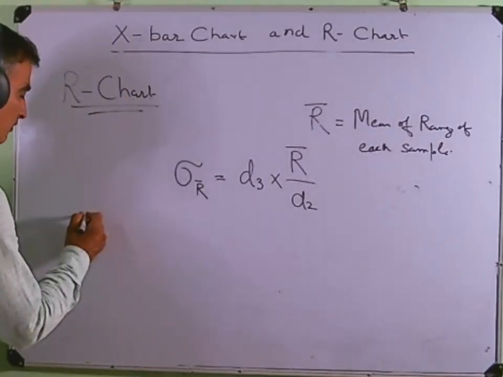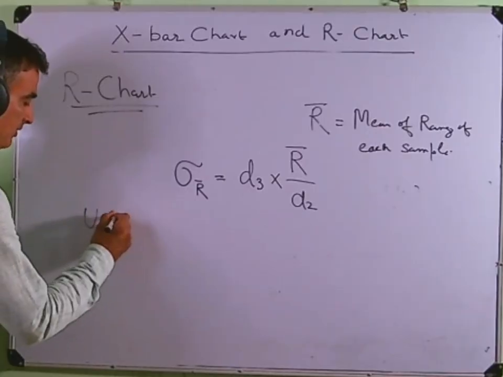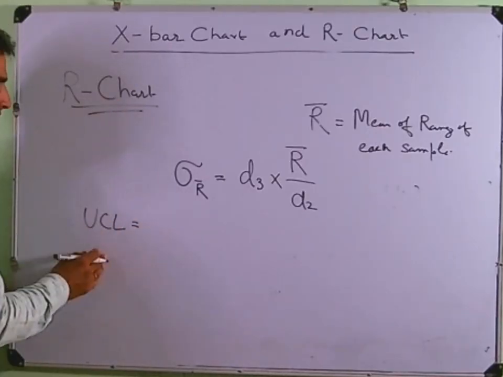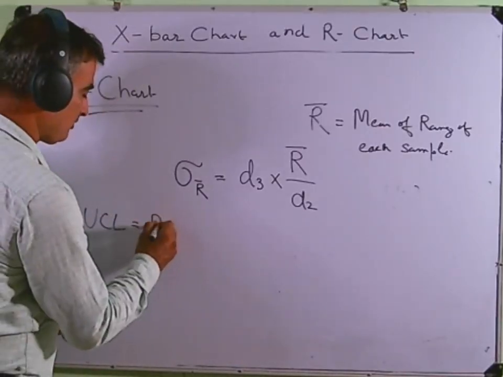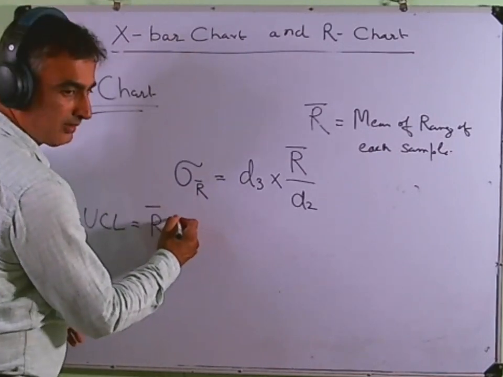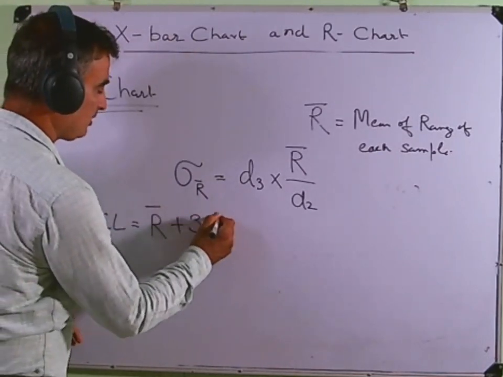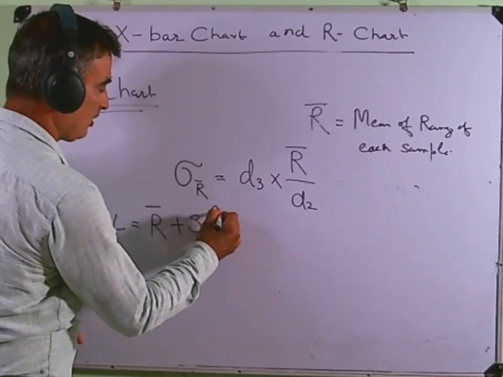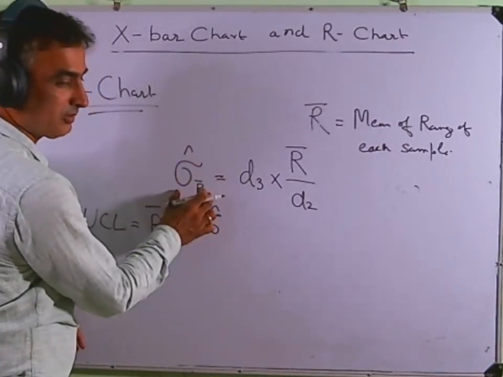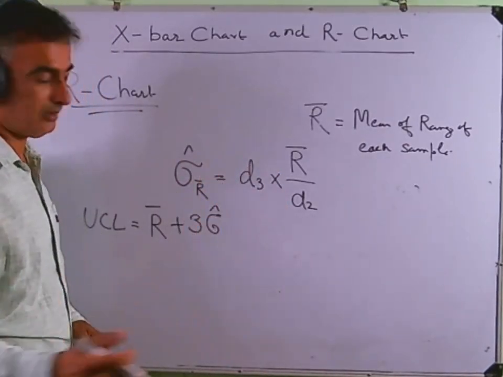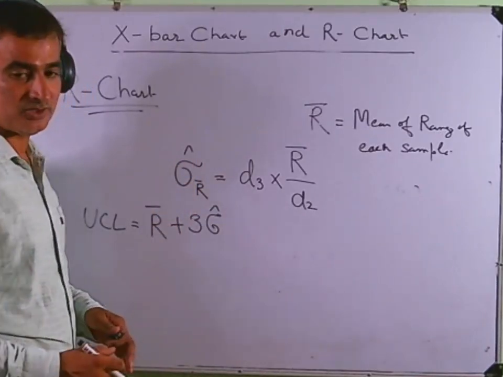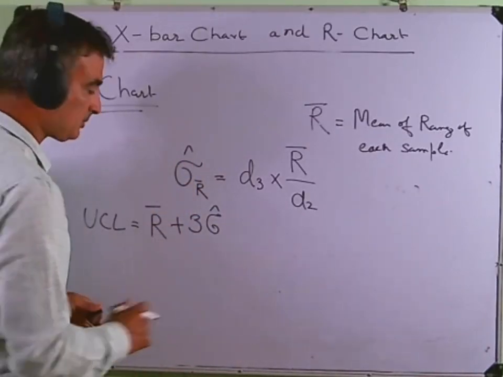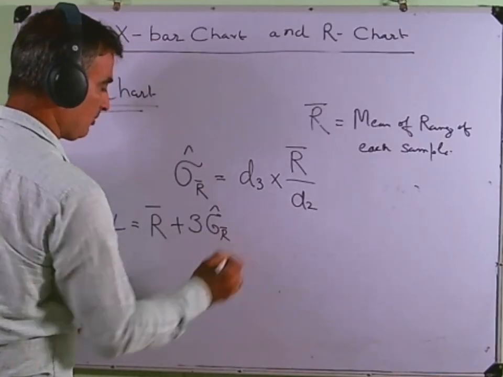So the formula for UCL in the R chart is equal to R bar plus 3 times the standard deviation, or you can call it the expected standard deviation of R, because we are getting it from the sample. So this is the expected standard deviation for the range R bar.